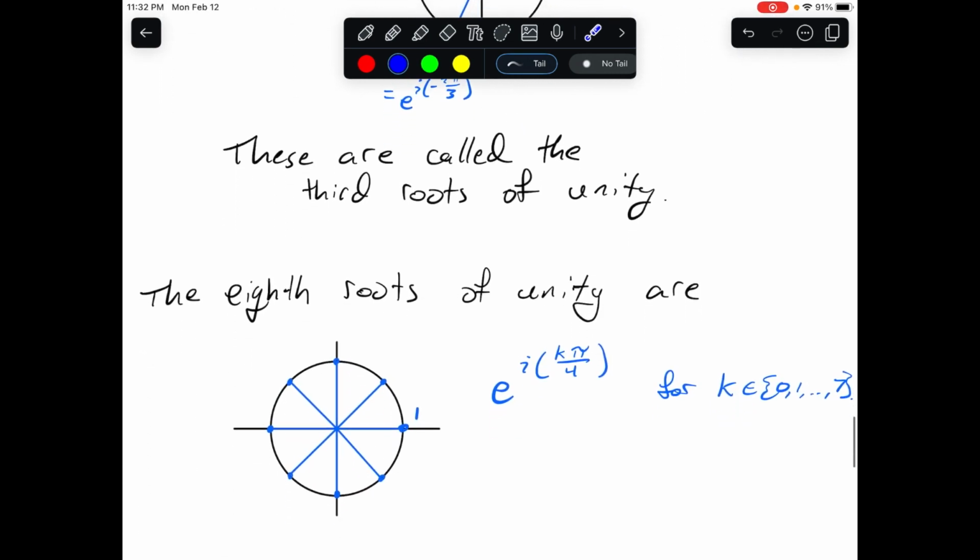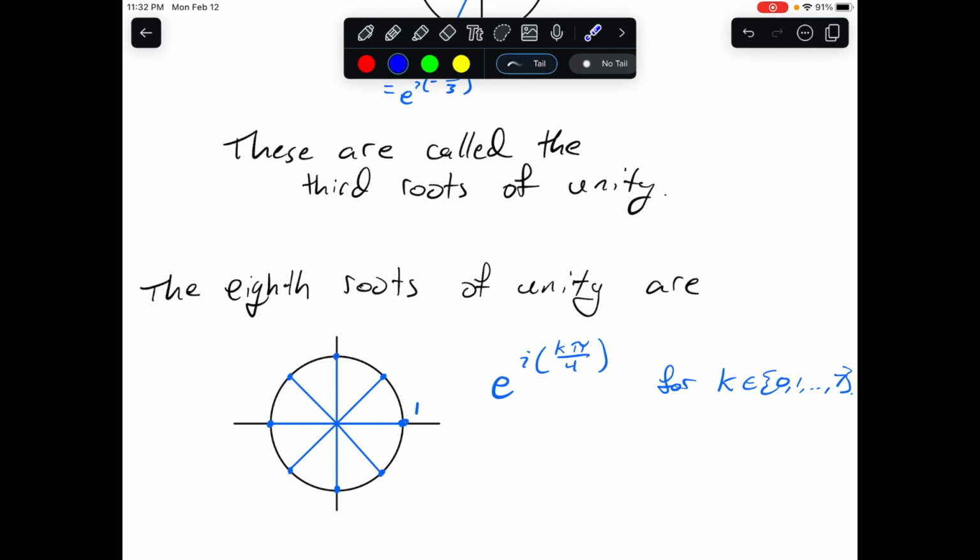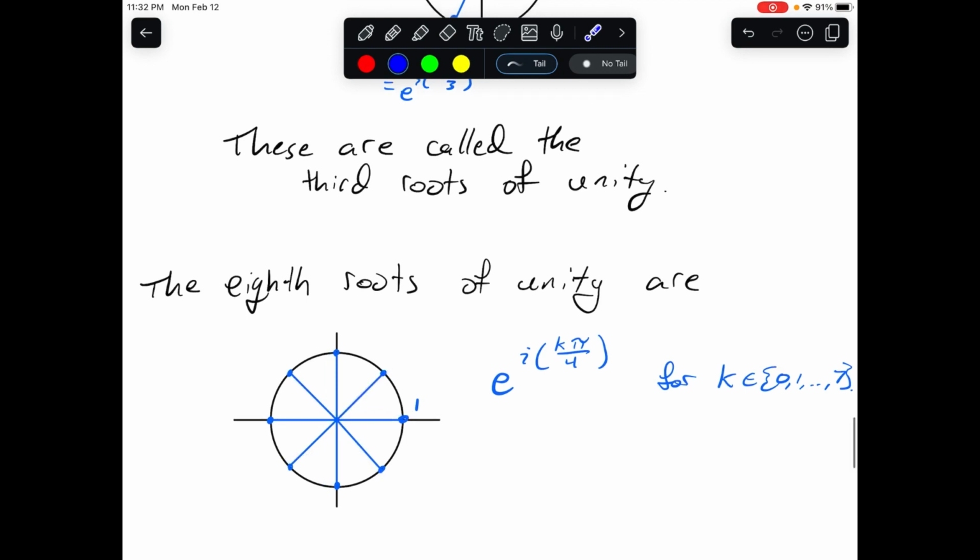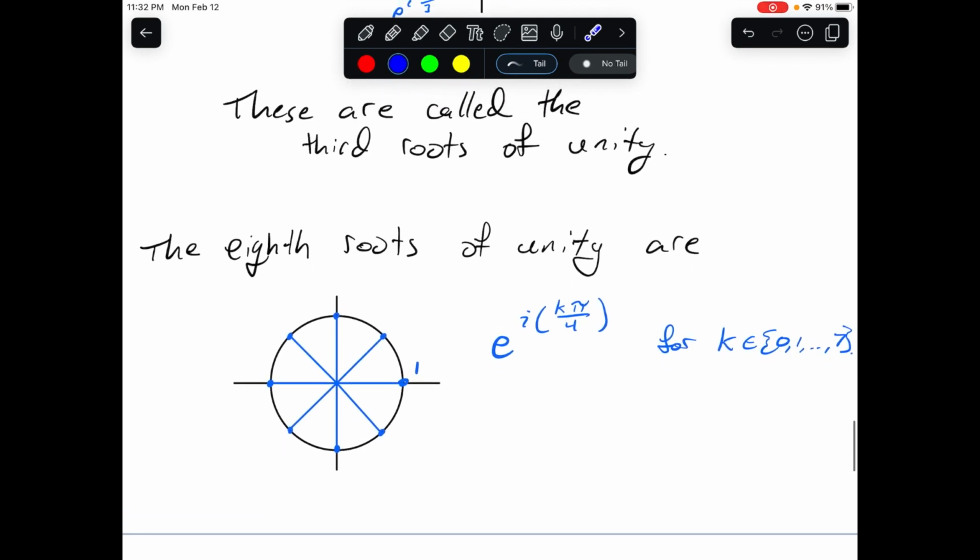Okay. The 8th roots of unity look like the following. They're just e to the i times theta, where your angle is a multiple of pi fourths. So this one, this one, this one. So there's 8 of them, right? Including this one. So the 8th roots of unity look like this.